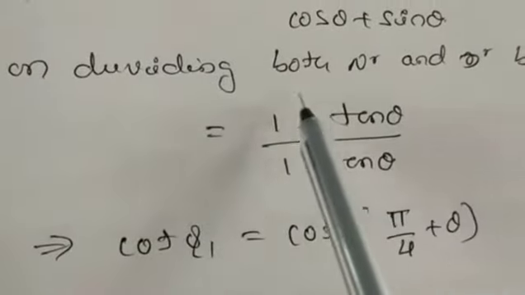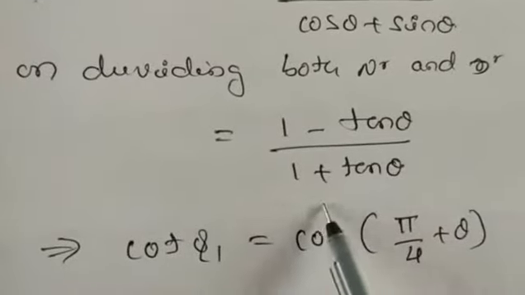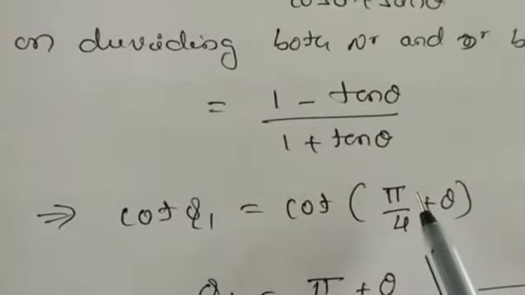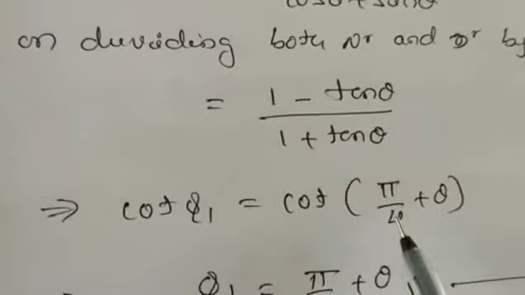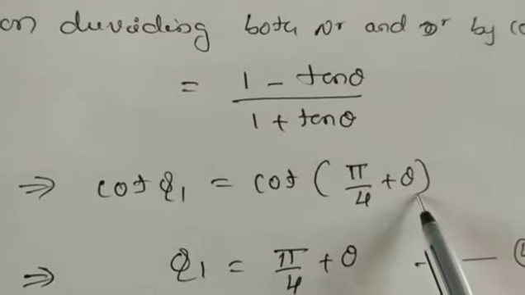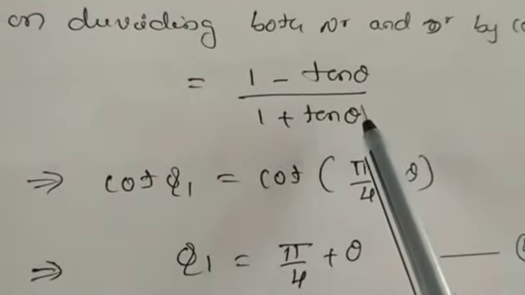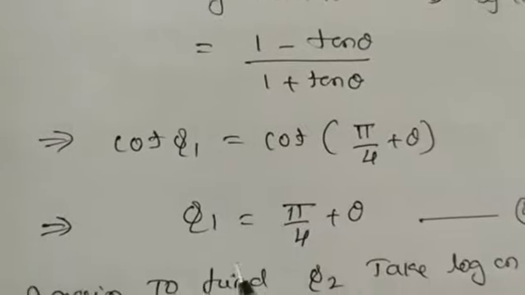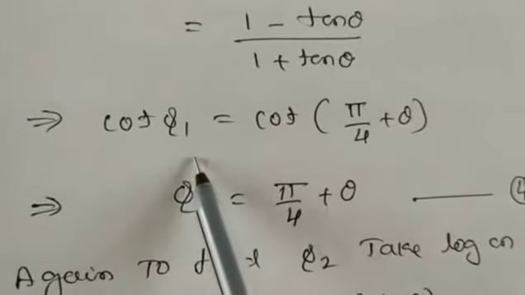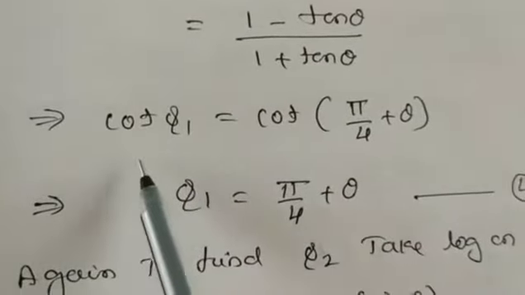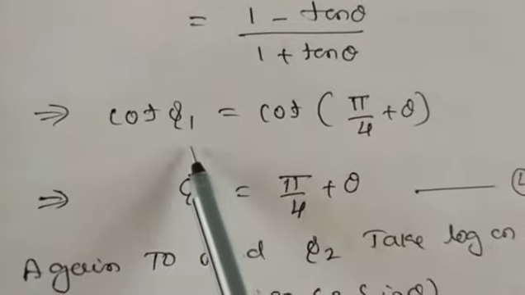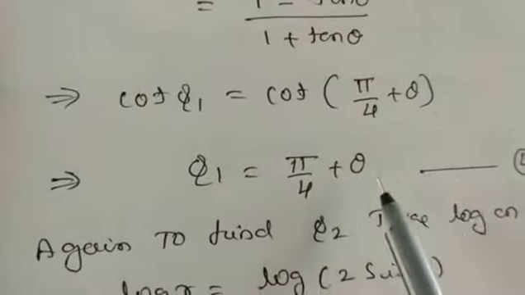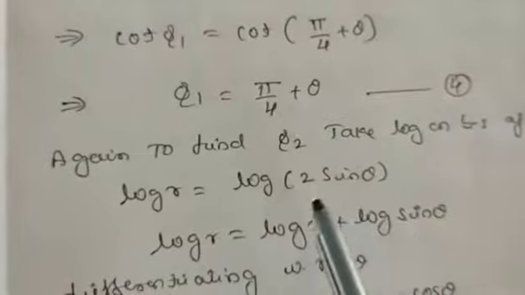And we know the relation 1 minus tan theta divided by 1 plus tan theta equals cot of 45 plus theta. I told in the last video how we got this relation. So this implies phi 1 equals pi by 4 plus theta. Take this as equation number 4.